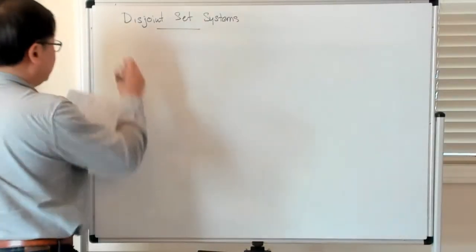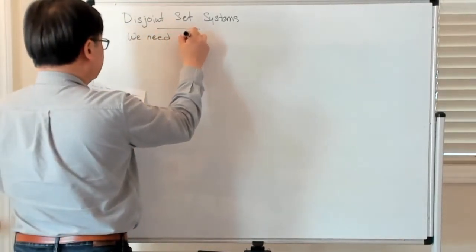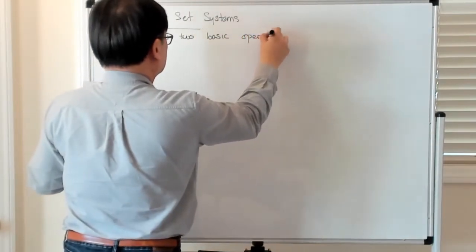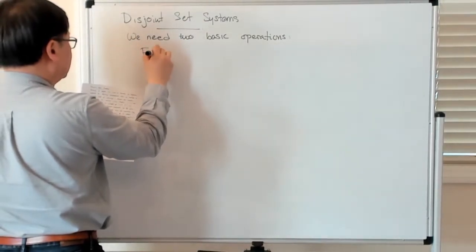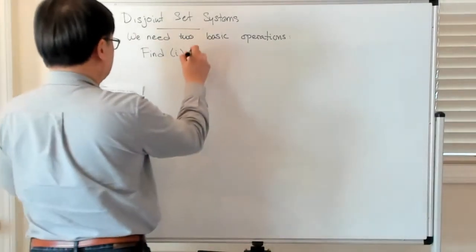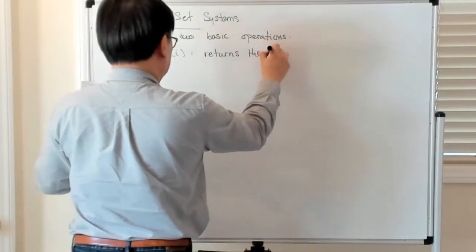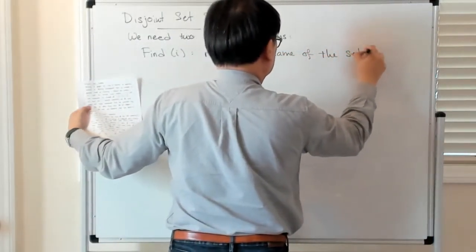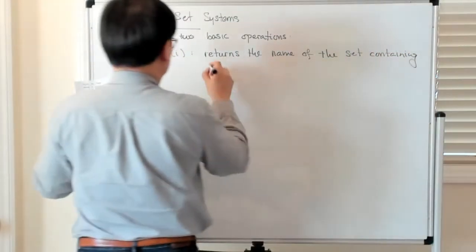Okay, so we need two basic operations. Okay, so the first one is the find operation. Okay, so find I returns the name of the set containing vertex I.